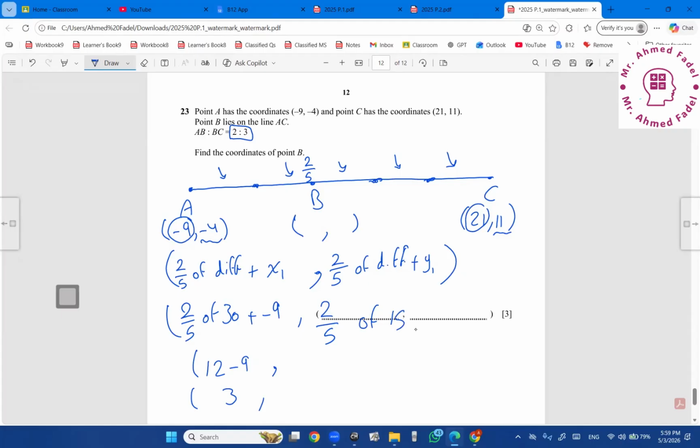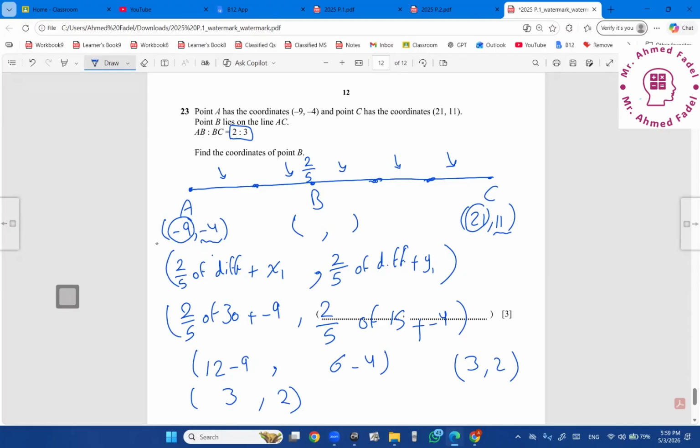So 2/5 of 15 plus y1, which is -4. So 2/5 of 15, 15 divided by 5 is 3, times 2 is 6. So it is 6 plus -4, which means 6 minus 4, right? So what is 6 minus 4? It is 2. So it is 3, 2. The answer is 3, 2.